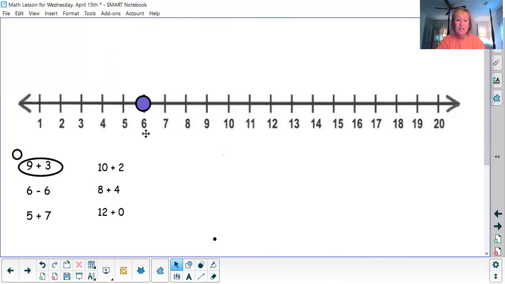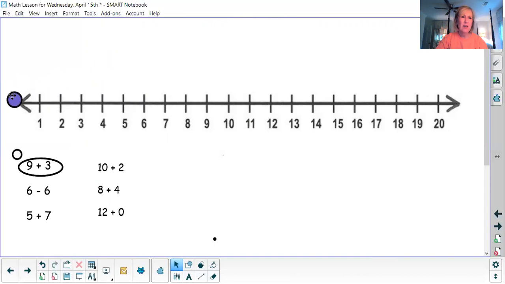So I'm starting with 6 and I'm going to take away 6. It's kind of weird. Since I'm taking away, my number's going to get smaller, so I'm going to move to the left on the number line. I'm starting at my starting point, number 6, and let's make 6 hops backwards. Ready? 1, 2, 3, 4, 5, 6.